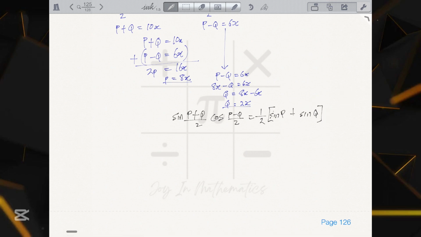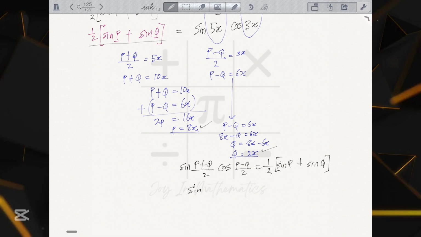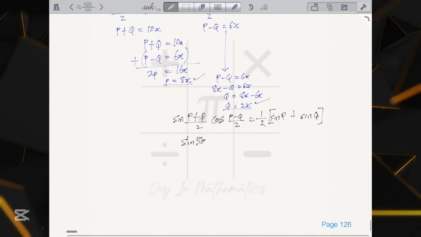So with this now, we have that P is equal to 8x and Q is equal to 2x. So therefore, we are saying that sine 5x cos 3x is equal to 1 over 2. We make our substitution of P, where P is 8x rather, and Q is 2x, sine 2x.